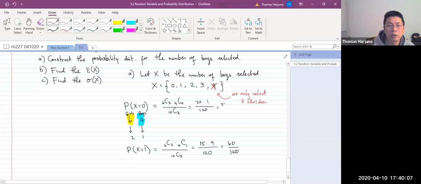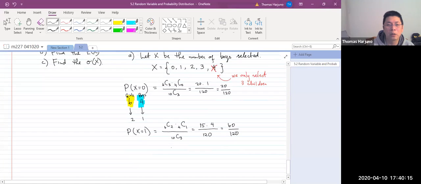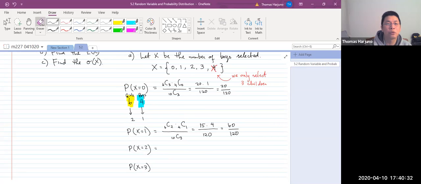I will reduce that later. When I reduce that, I will reduce to the point that they still keep a common denominator. When x equals 2, when x equals 3, you do it, I do it too. Try to do it on your own.